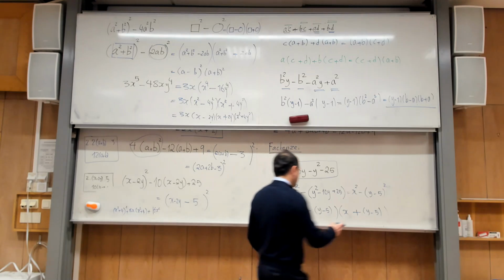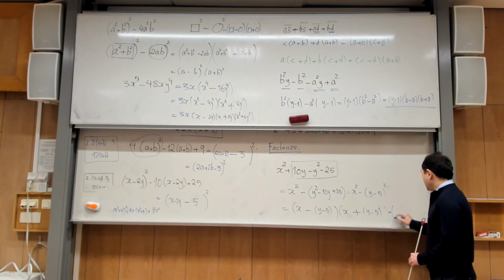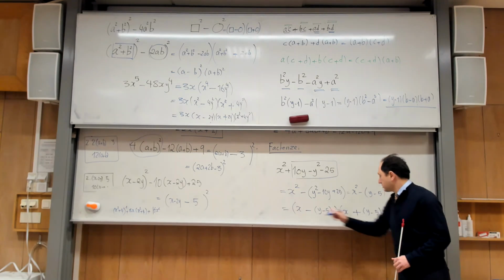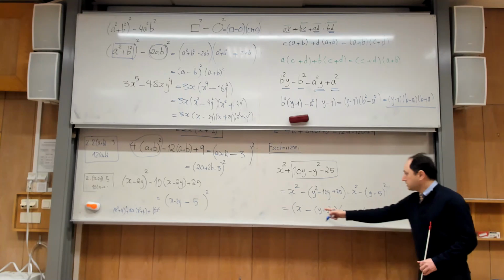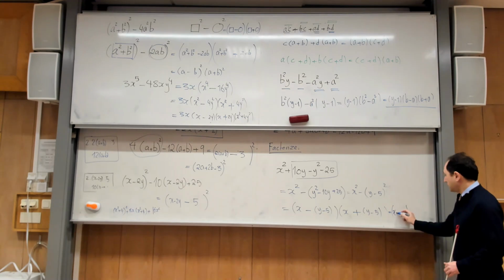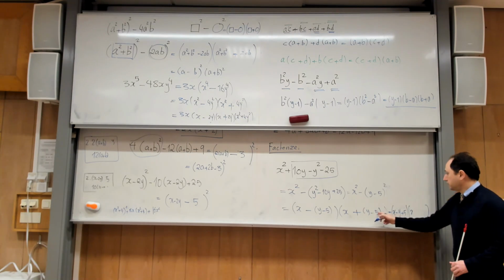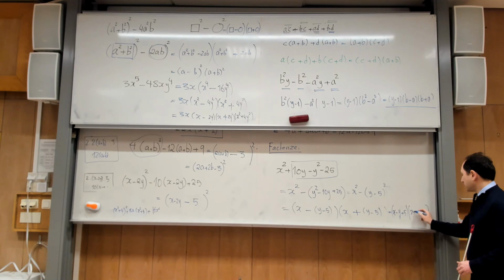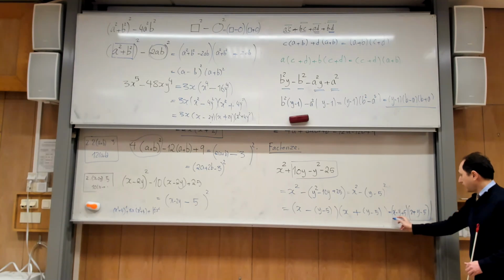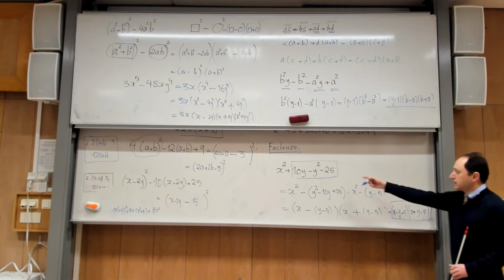So you have to be careful now. I write x, I multiply this minus sign in, it becomes negative y but plus 5. And then this becomes x plus y minus 5. I simply remove this pair of brackets because there is nothing behind it. So this is the factorized form of that expression.